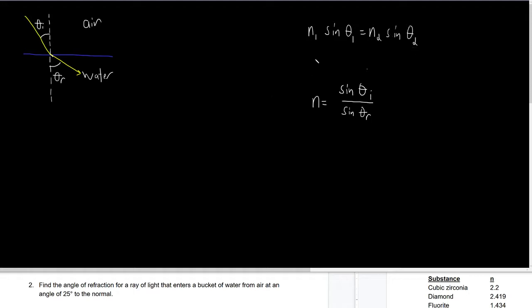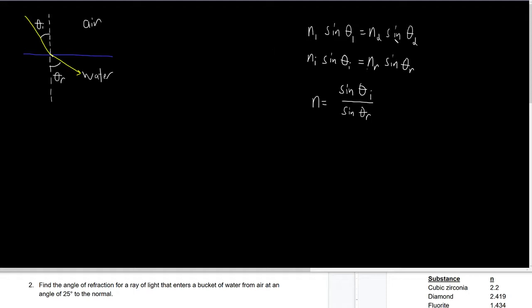We're going to rewrite this to make it a little easier: the incidence medium, where it's starting, times the sine of the incidence angle equals the refracted substance, what the ray of light moved into, times the sine of the refracted angle. These are the same thing; I just think using I and R is easier to understand than 1 and 2.